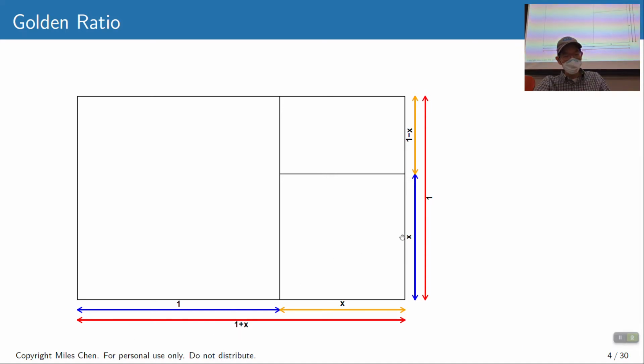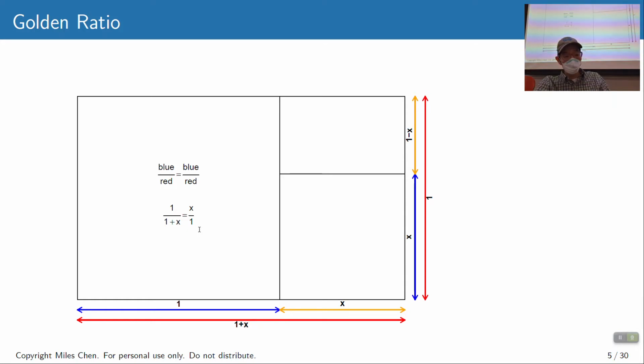If you take a look at these arrows, the length of the short side, 1, to the length of the long side, 1 plus x, is the same ratio as the length of the short side, x, to the length of the long side, 1. So we're going to say blue to red, 1 to 1 plus x, is the same ratio as blue to red over here, which is x to 1.